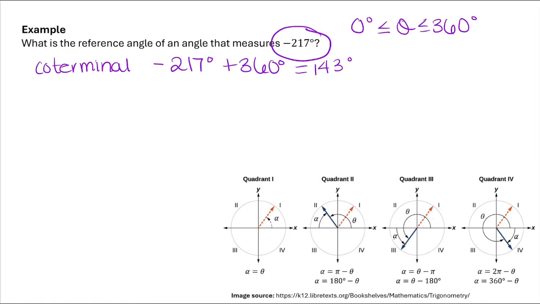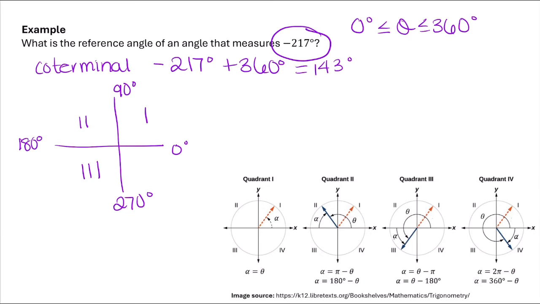Now I need to figure out which of these four formulas to use. What quadrant is 143 degrees going to wind up in? From here it's 0 to 90, so if I'm in quadrant 1, my angle measures between 0 and 90. From here, this is 180, so in quadrant 2 the angle measures between 90 and 180. Here is 270, so in quadrant 3 the angle measures between 180 and 270. In quadrant 4 the angle is between 270 and 360.